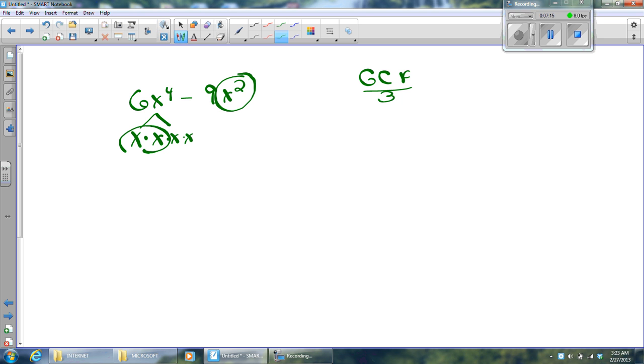And sure enough, right there, there's hiding an x squared, isn't there? And this would be an x times x, which is an x squared. And you see, x squared is common to both terms. So my GCF is actually 3x squared.